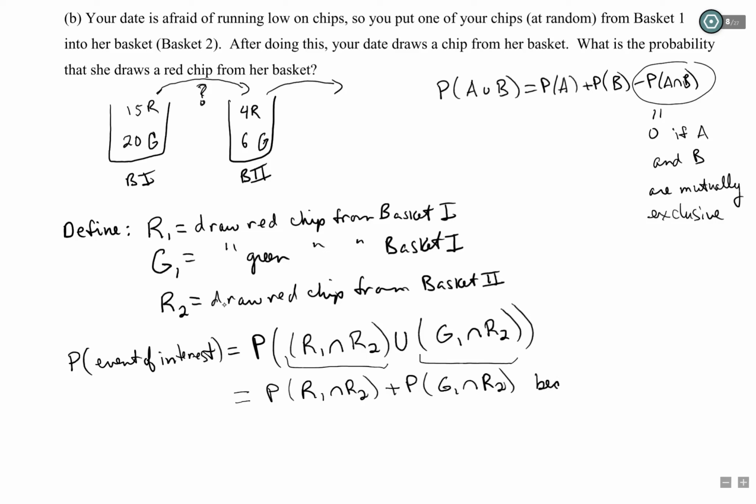And I'll just write that out here because R1 intersect R2 and G1 intersect R2 are mutually exclusive. Okay?